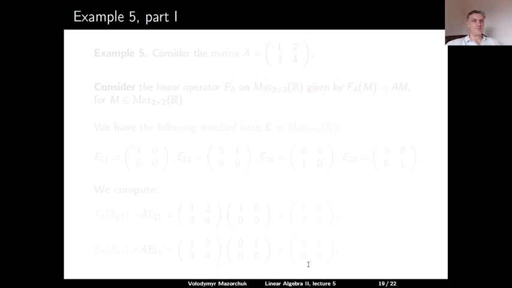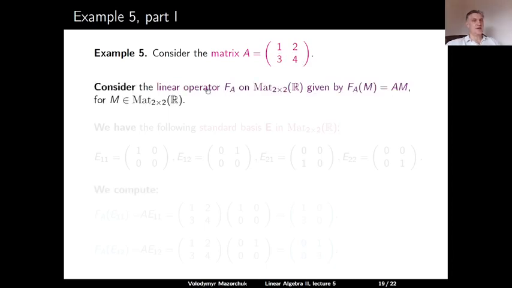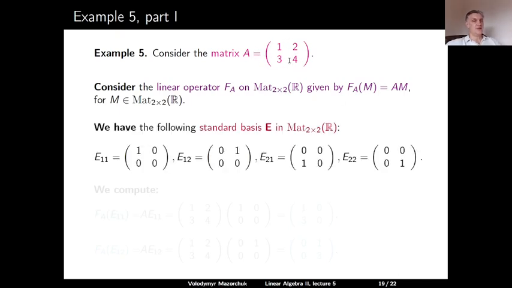Example 5. Consider the matrix A, which is the 2 times 2 matrix 1, 2, 3, 4. And consider the linear operator f sub A on the space of all 2 times 2 real matrices, which is given by the left multiplication with this matrix A. So in the vector space of all 2 times 2 matrices, we have the standard basis consisting of the matrices E1,1, which has 1 in position 1,1 and the rest is 0.